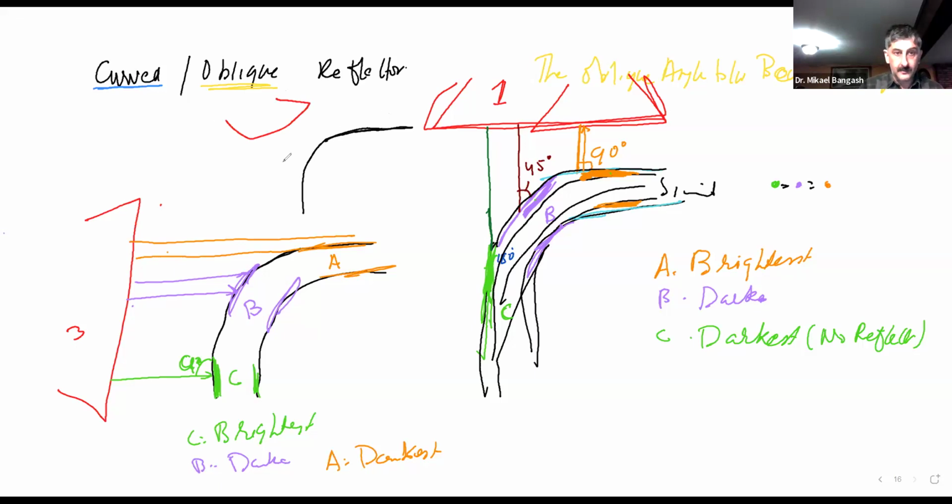Now in this case, B, which makes the 90-degree angle, is going to be the brightest area.